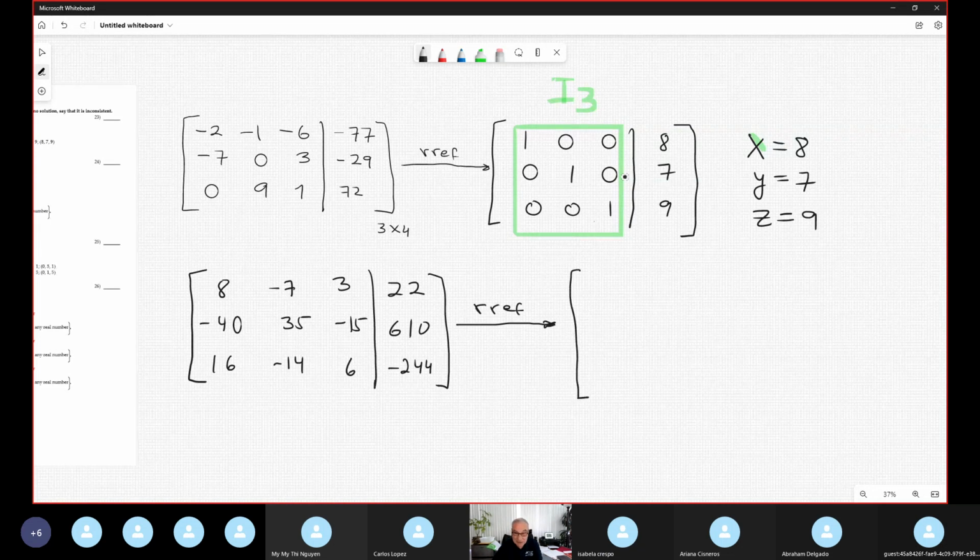Okay, so the answer is 1, negative 7 over 8, which is a fraction. Okay, no problem. 3 over 8. And negative 61 over 9. And amazing, what happened is that the second row is 0, 0, 0, and the third row is 0, 0, 0.